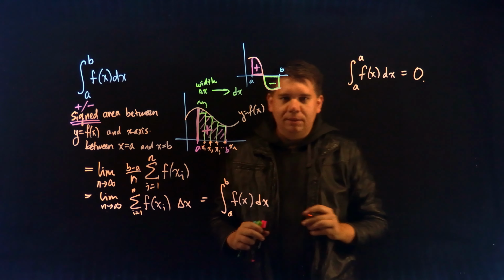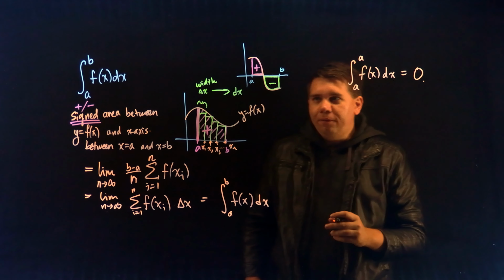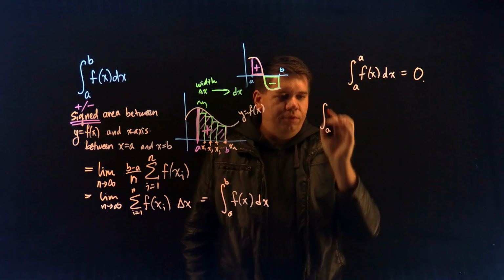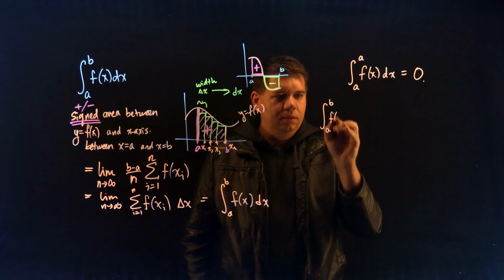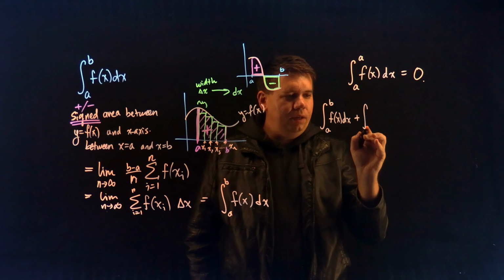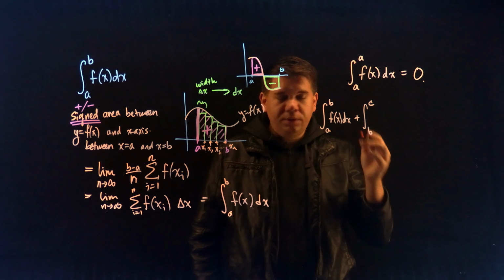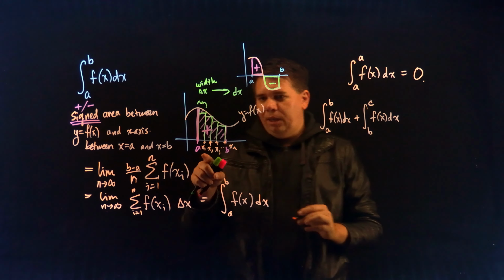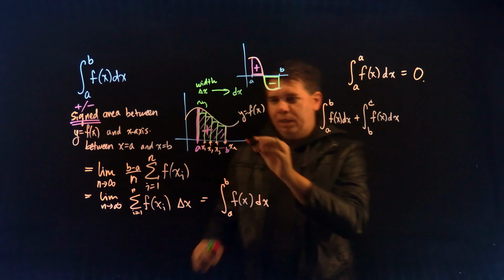Hopefully that makes sense. What if I want to find the area from A to B under some graph and add to it the area from B to C under some graph? So here I did it from A to B. What if we extend this a little bit?